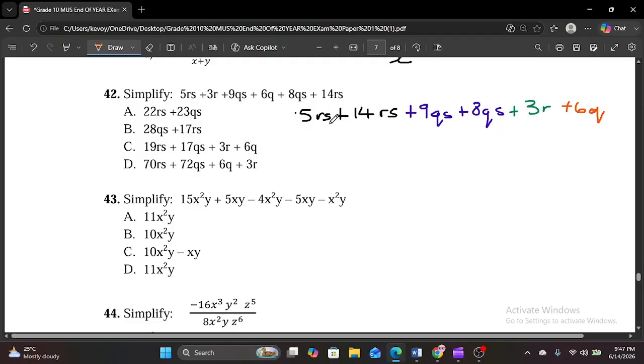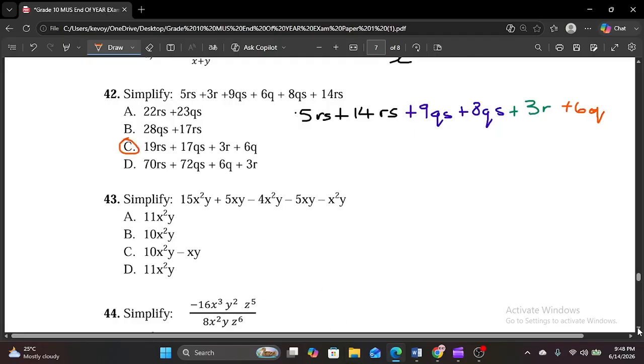All right, so after adding all my like terms, I'm going to have 14 plus 5, that's going to be 19r. 9 plus 8, sorry, that's going to be 17q. And I'm going to have my 3r and my 6q. So C is the answer right there.